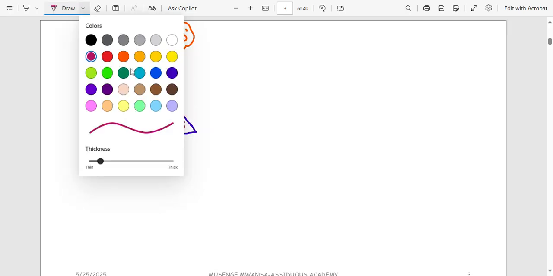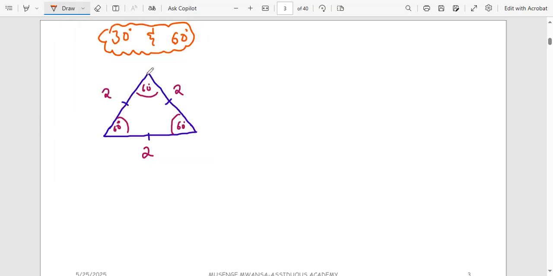So what you do for this triangle is divide it in the very middle, straight down the middle, where it makes 90 degrees at this point.